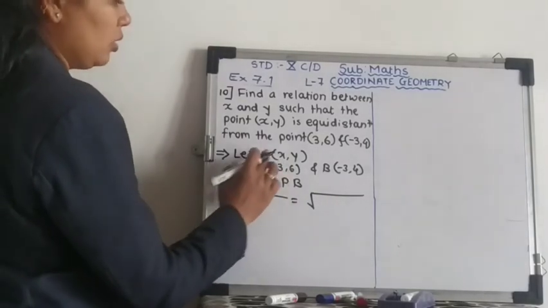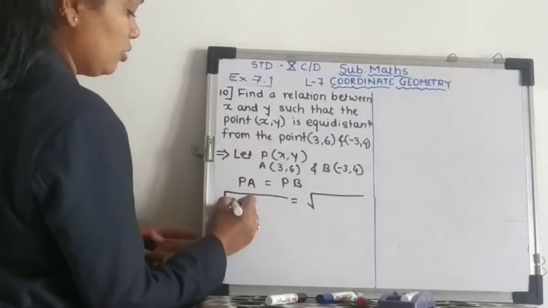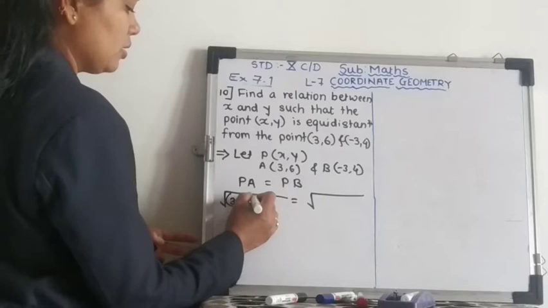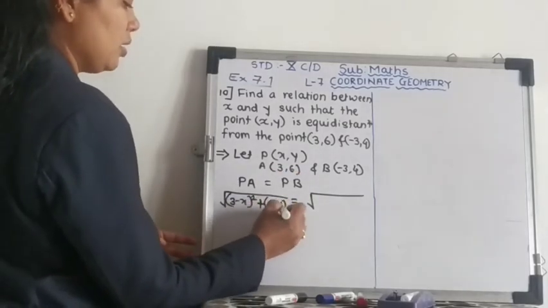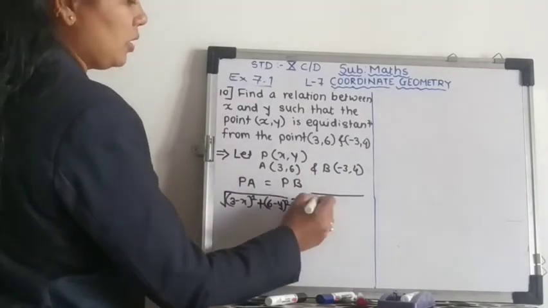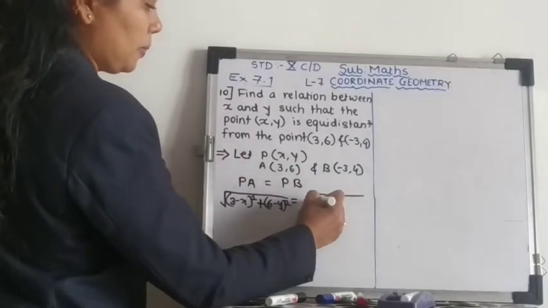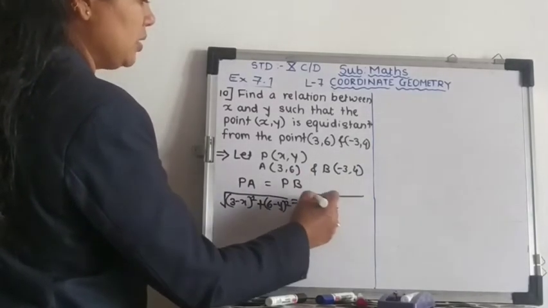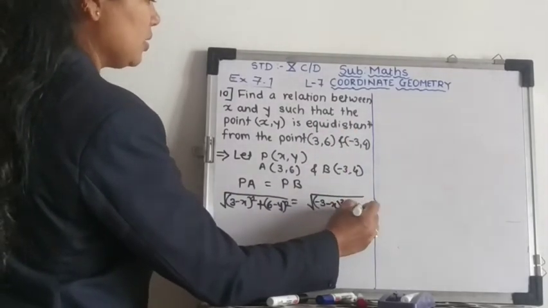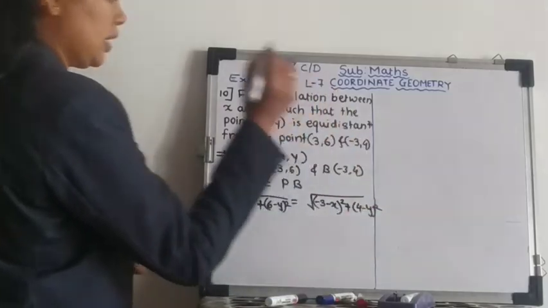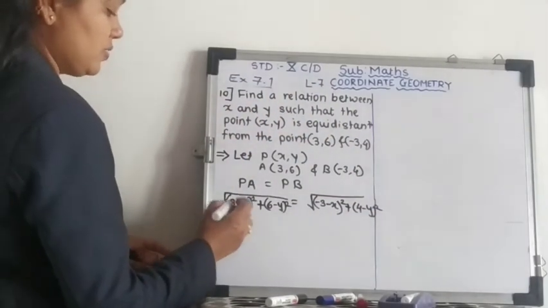So PA is the square root of 3 minus x bracket square plus 6 minus y bracket square, and PB is the square root of minus 3 minus x bracket square plus 4 minus y bracket square. Let us have the solution for it.